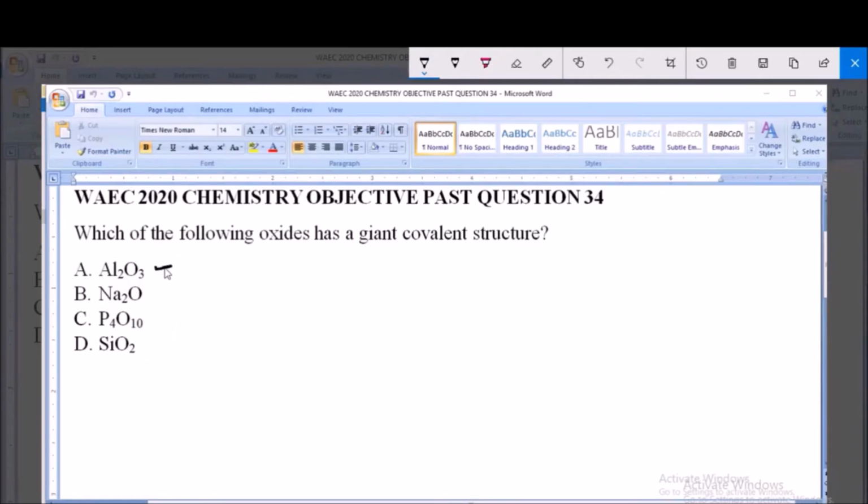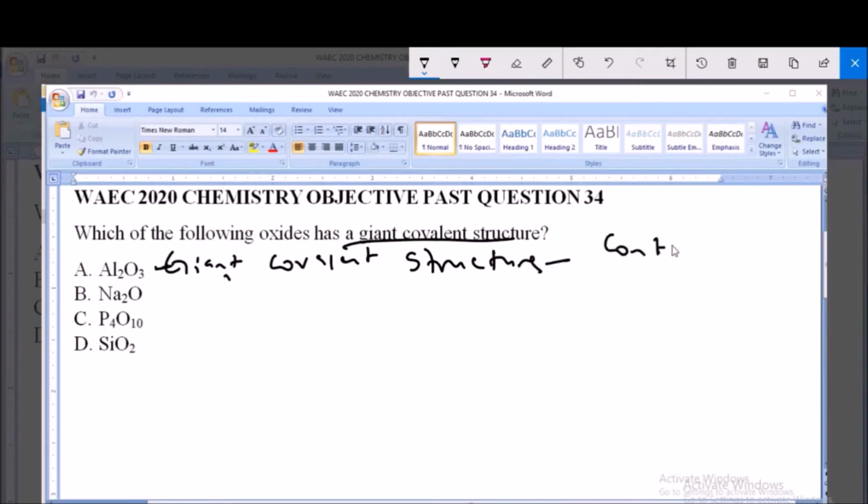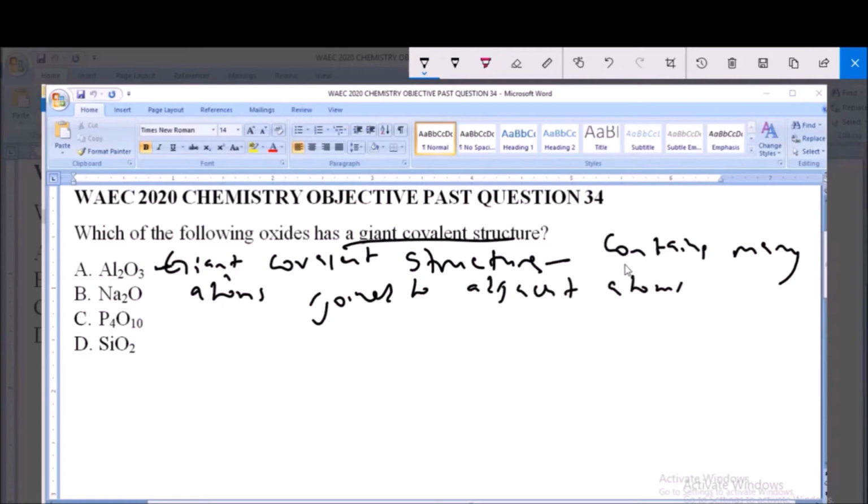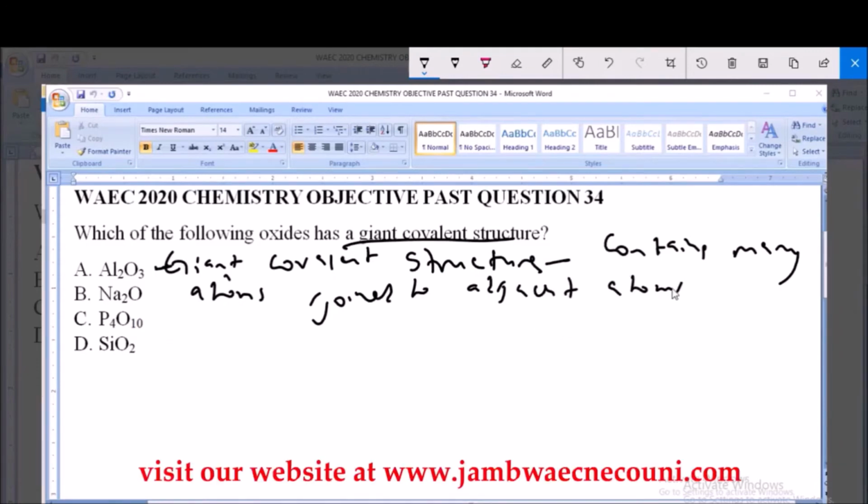So a giant covalent structure is what we're looking at. It's a structure that contains many atoms, each one joined to adjacent atoms by covalent bonds.